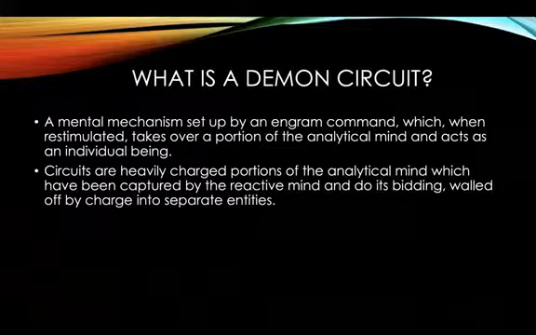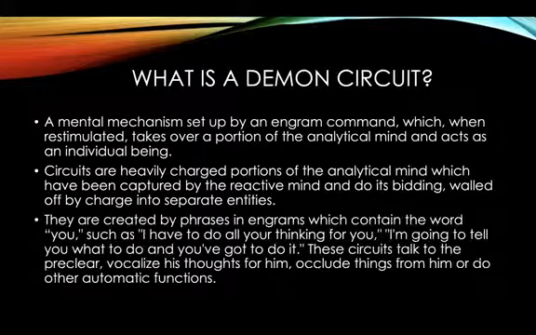Now, these separate entities, we could say they're valences, correct? Yes, sir. Okay. They are created by phrases in engrams which contain the word you, such as I have to do all your thinking for you. I'm going to tell you what to do and you've got to do it. These circuits talk to the pre-clear, vocalize his thoughts for him, occlude things from him, or do other automatic functions.